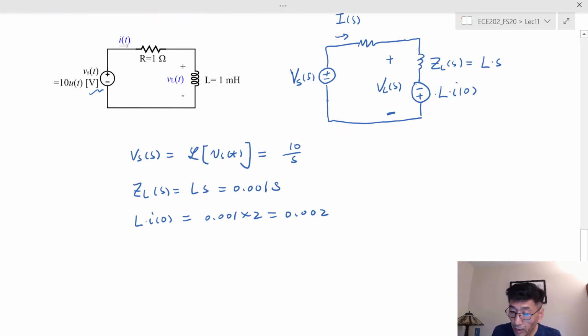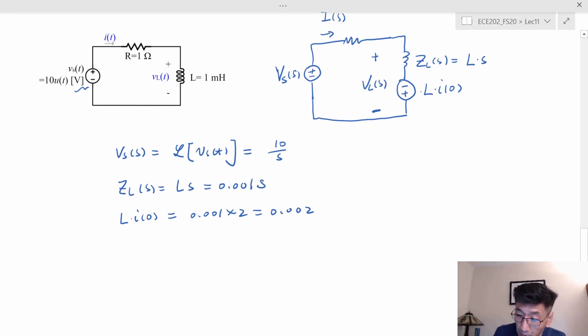First, let's find I sub s. I sub s is equal to V sub s plus L times I0, divided by these two impedances, R plus Z sub Ls.